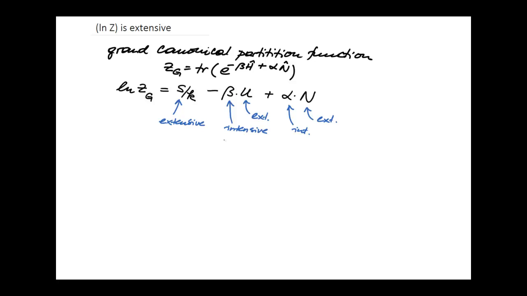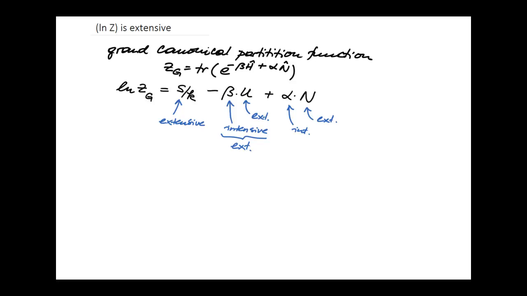When you multiply an intensive quantity with an extensive quantity, you get an extensive quantity. Why is that? Take from the entire system a probe, a fraction x.